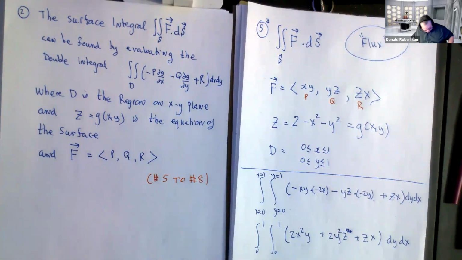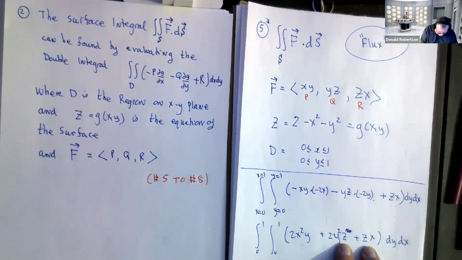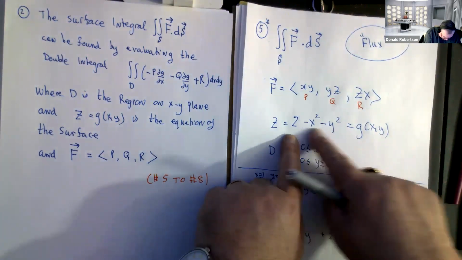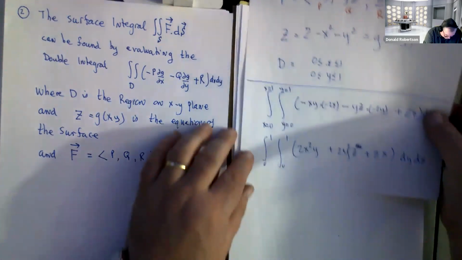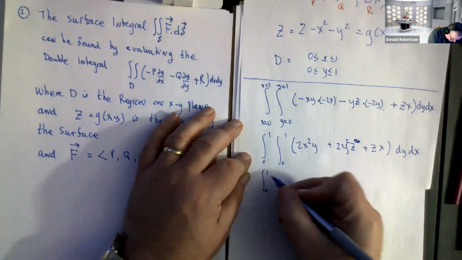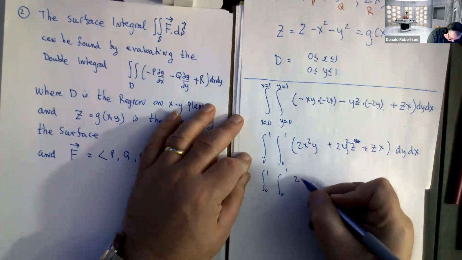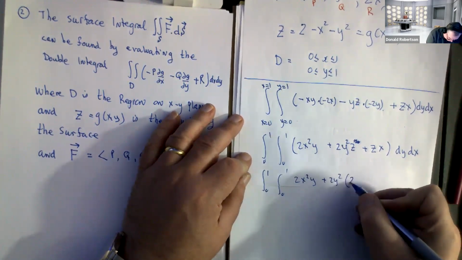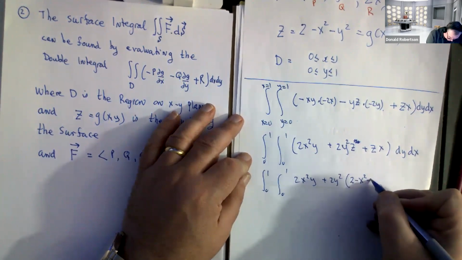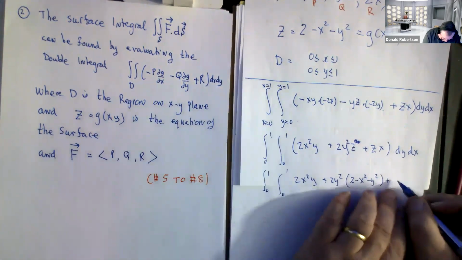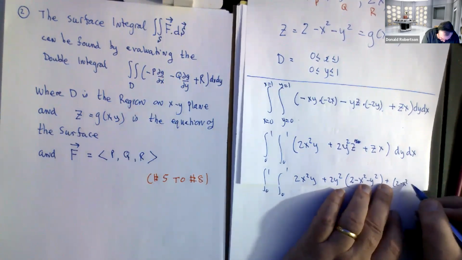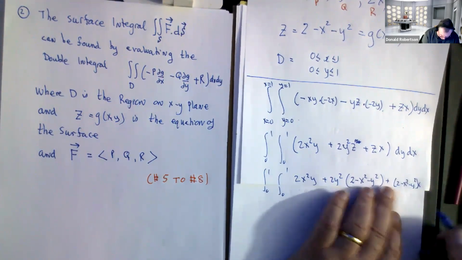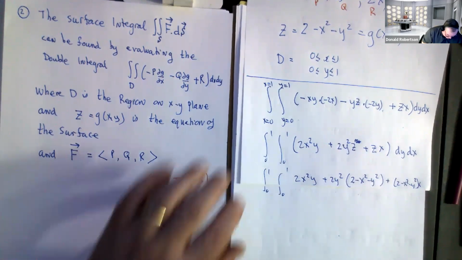Found it. These two z's aren't allowed to stay there. We change them by replacing them with the surface formula. So what we now have is the integral from 0 to 1, 0 to 1, of 2x squared y plus 2y squared z, which is this guy, plus a zx, which is this guy. And then you can do your dx dy.